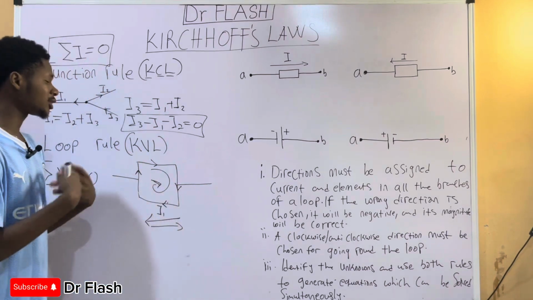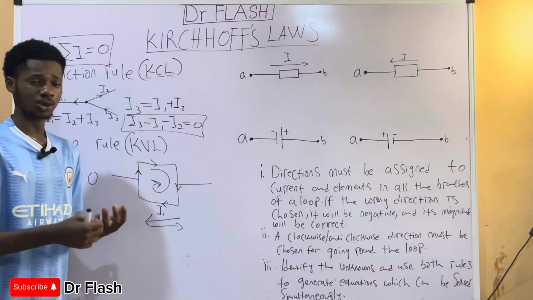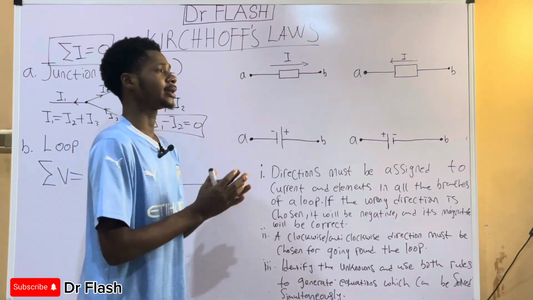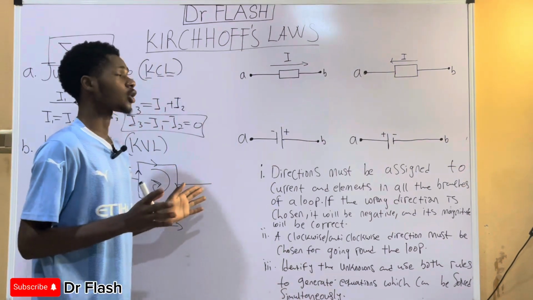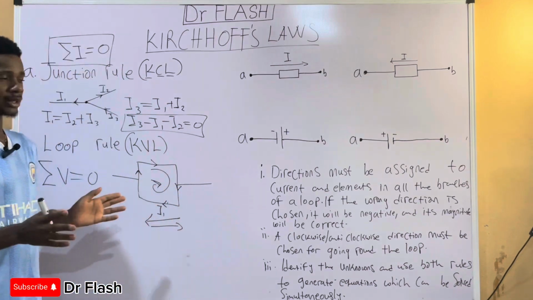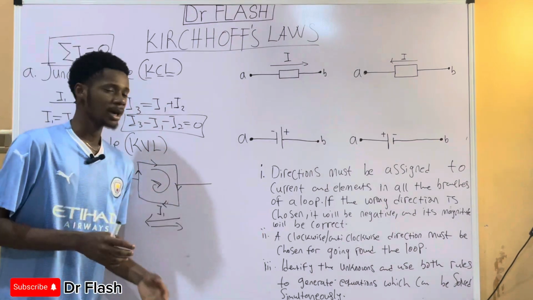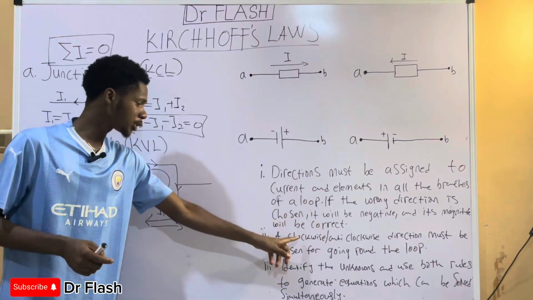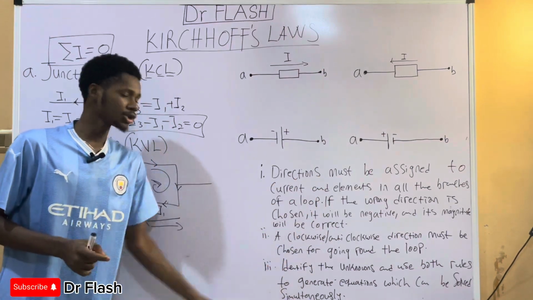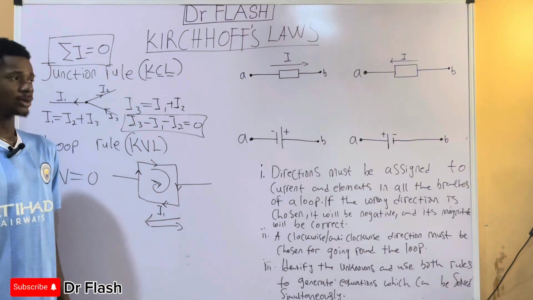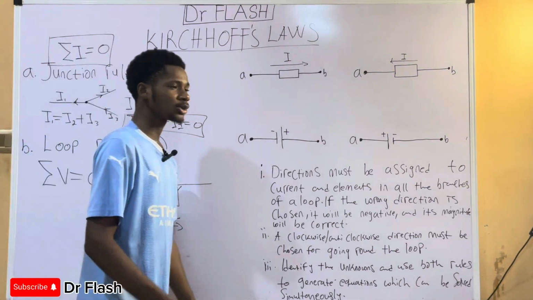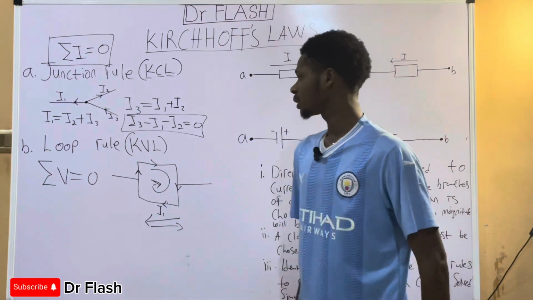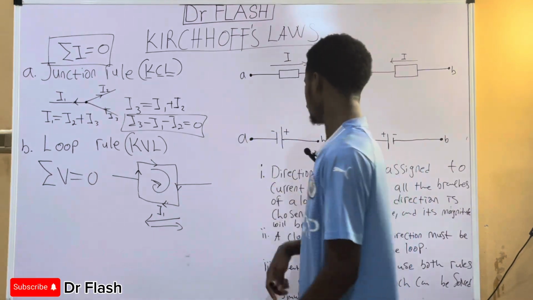Immediately we identify that, all you have to do is create simultaneous equations and apply the principles of solving simultaneous equations to get your answers. So here are the steps: assign the signs and the direction, which could be clockwise or anti-clockwise, get your equations, and then solve simultaneously. Problems will definitely be solved in our next video, to gain a better understanding of how to deal with Kirchhoff's law.